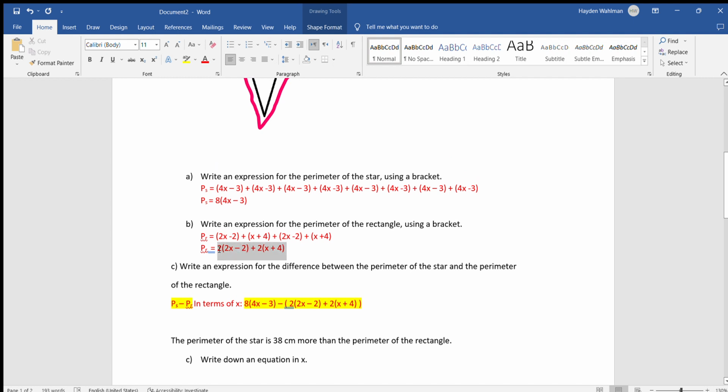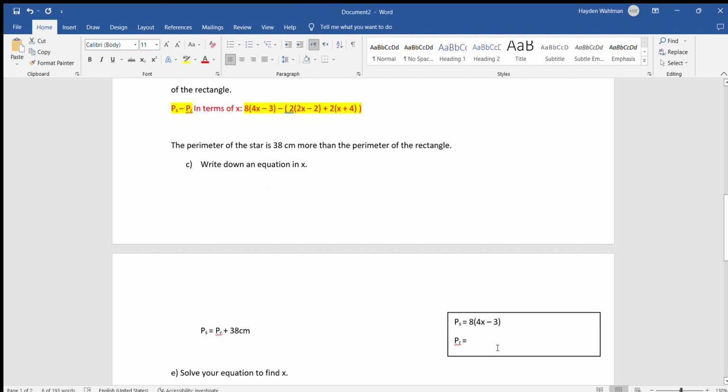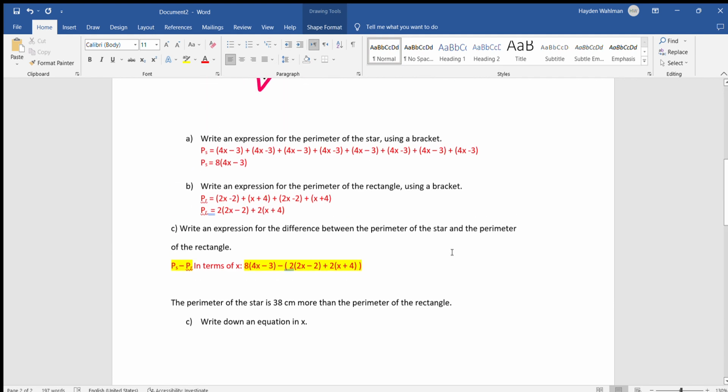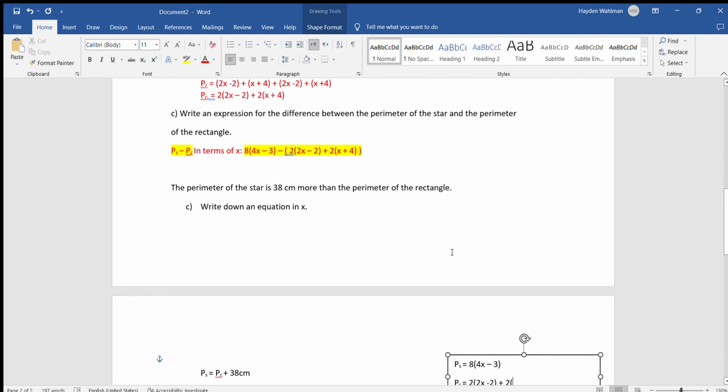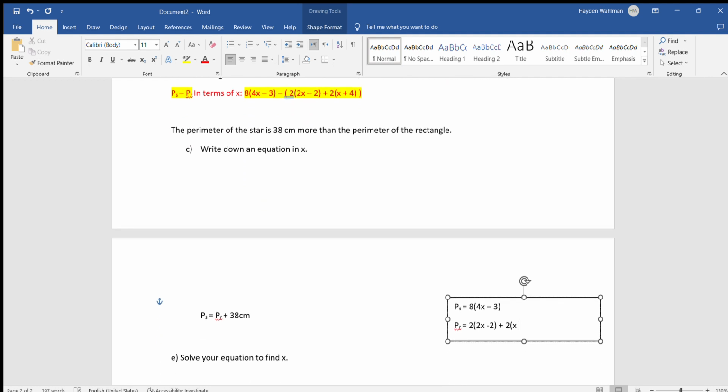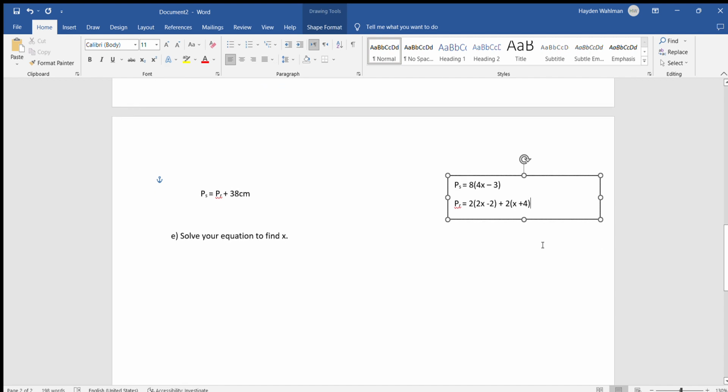It's 2 times 2x minus 2, plus 2 times x plus 4. Okay, so that's just our little reminder, right? That's our little notes.